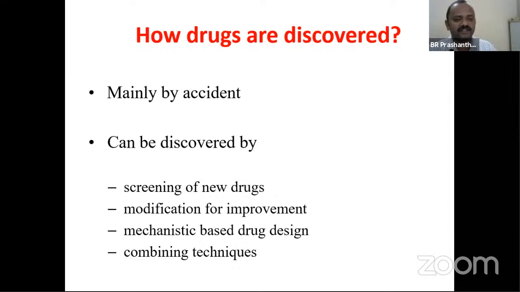We can synthesize them and keep them as libraries of compounds, just like in your own college you find a library with different books. Using these libraries of compounds, we can do high throughput screening.